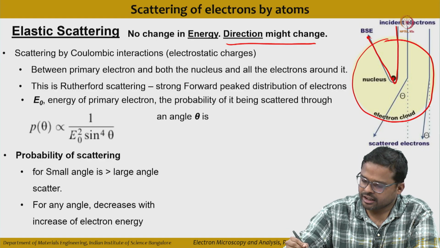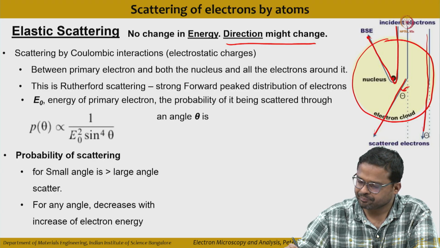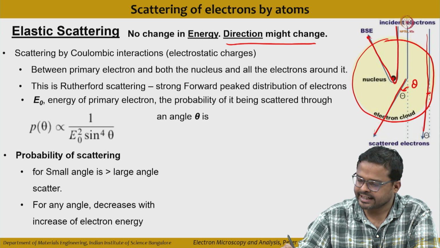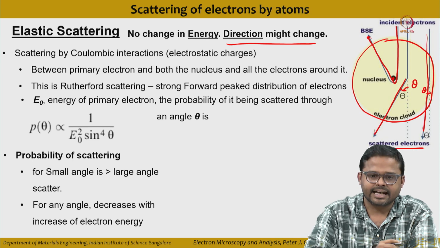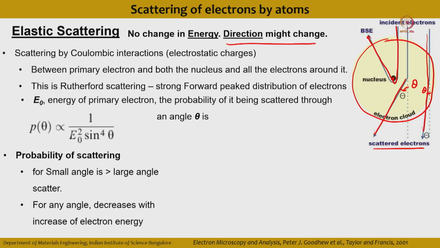Some of the incident electrons may scatter through the electron cloud, with a larger angle theta, and some of the electrons can scatter with very small angles. These are called scattered electrons. If there is no change in energy, they are called elastically scattered electrons.